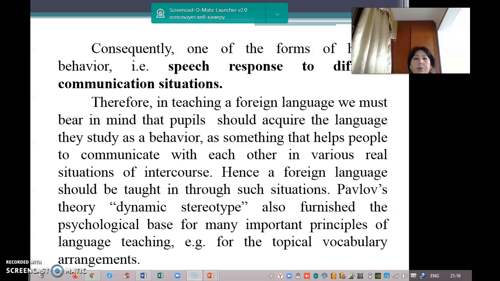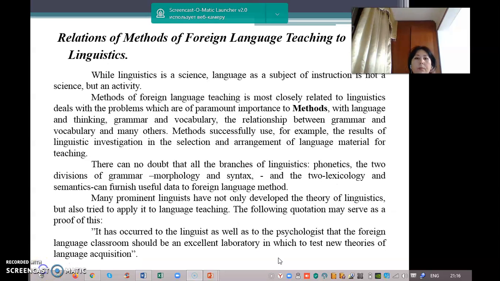Hence, a foreign language should be taught through such situations. Pavlov's theory of dynamic stereotype also furnished the psychological basis for many important principles of language teaching, for the topical vocabulary arrangement, for example.